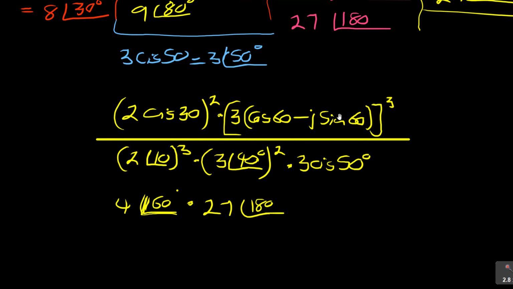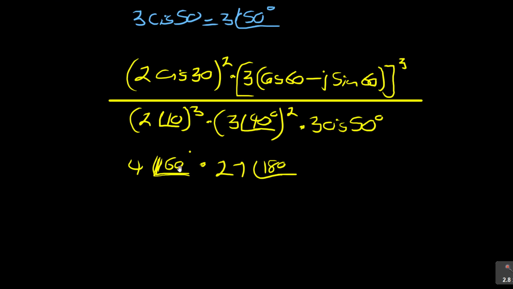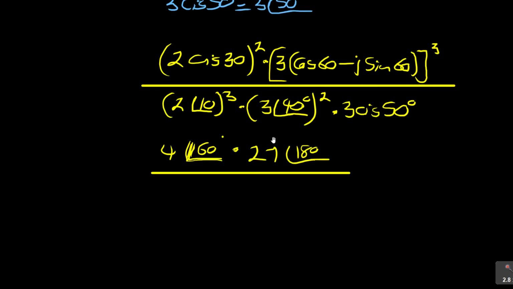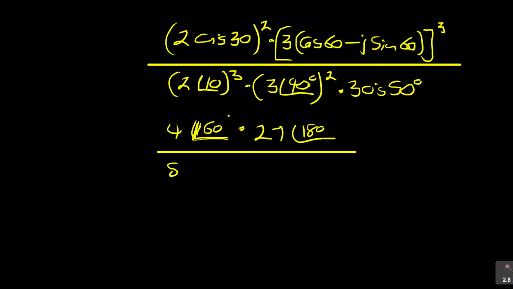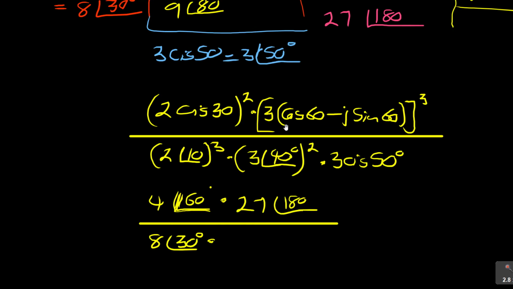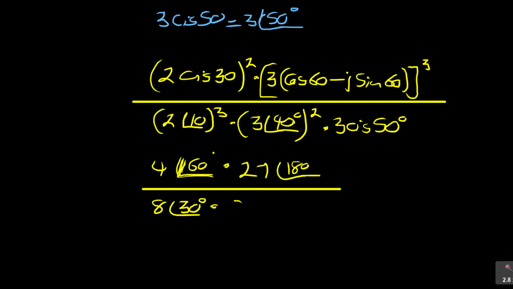All right, that is already with the cubed. And then all over, I've got the other one, which is 8 at 30, and then dot, the other one will give me 9 at 80, and then the last one will give me 3 at 50.